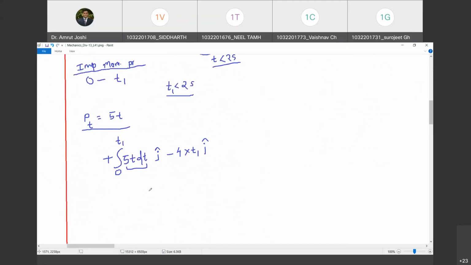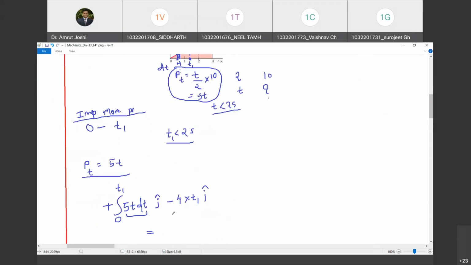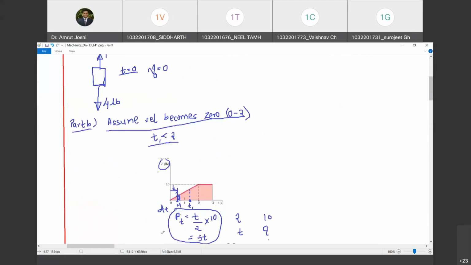Okay. This must be equal to change in momentum. So what was the momentum at the beginning? It is mass of the collar into V0, but V0 is 0. Do you agree with me? Yes, sir. And what is time t1? T1 is the time at which the velocity again becomes 0.